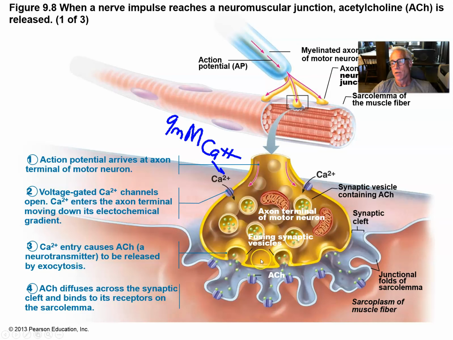That rise in calcium concentration triggers exocytosis. And the little green balls, all these vesicles you see stored in the axon terminal, is acetylcholine. Acetylcholine molecules diffuse across this narrow space between the cells called the synaptic cleft and bind to their receptors on the muscle cell membrane.